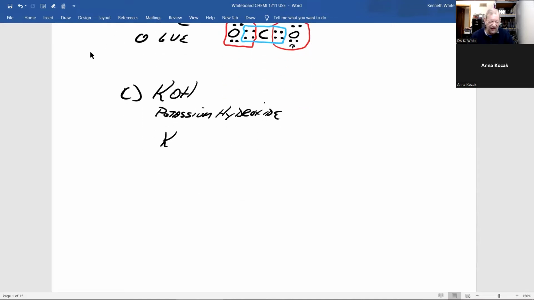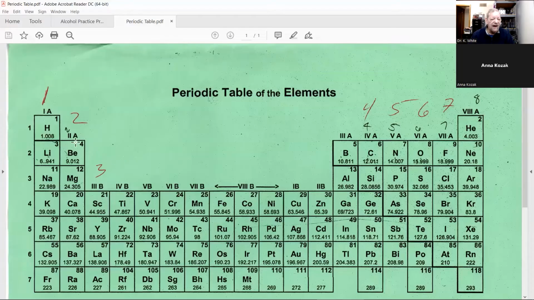Well, we've got potassium, oxygen, hydrogen. Now, let's go look at the periodic table. Hydrogen has 1 valence electron, oxygen still has 6, and then potassium has 1 valence electron.